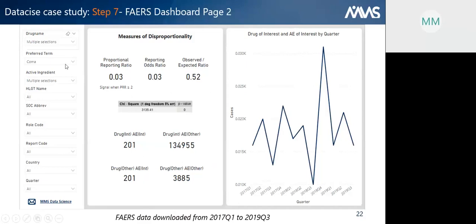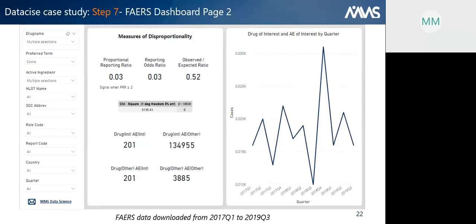So the right graph shows us that we have rather seasonal spikes of coma for Humira, and peaks of those events related to the end of 2017 or end of 2018.